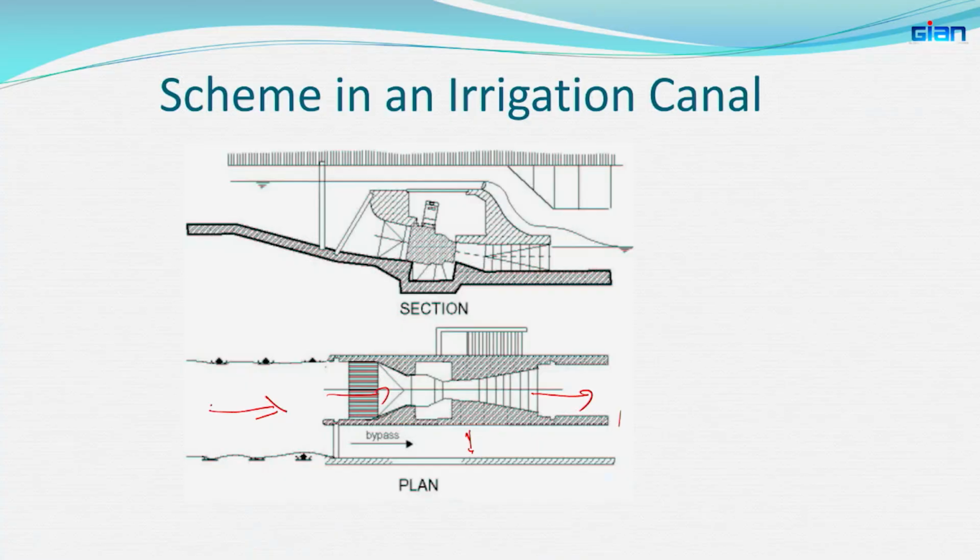That is a negotiated one, but the owner has a power purchase agreement with the electricity board, and he sells energy to the electricity board and gets the income. Out of that, 10% may be going to the irrigation authority or Mahavali authority or whoever the owner of the irrigation canal is. So it is a successful model.